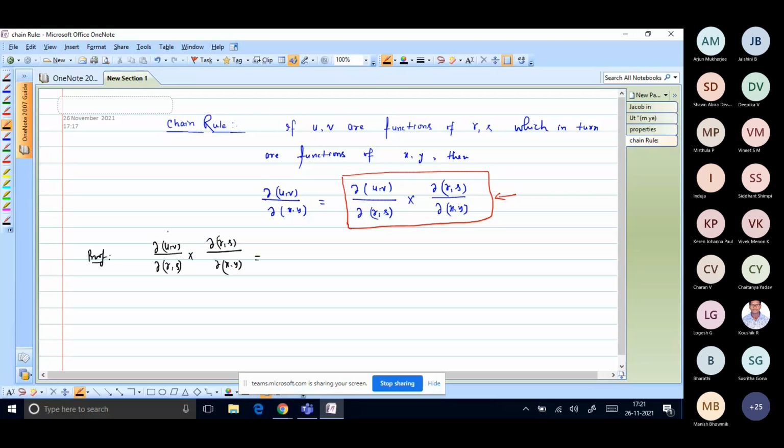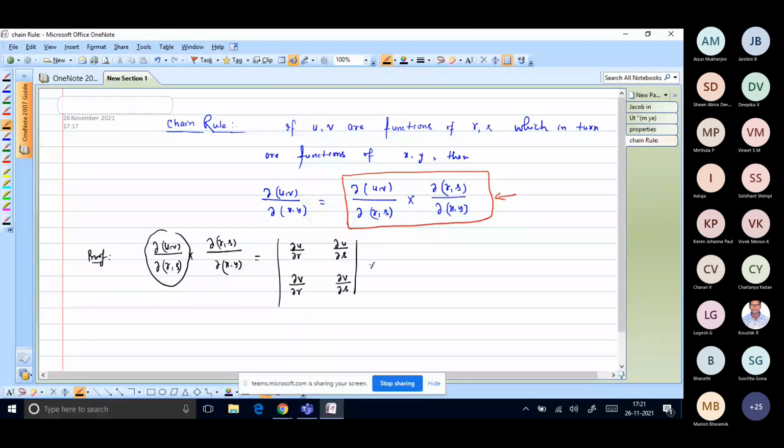So what is first? The first one is the determinant of del u by del r, del u by del s. Next, del v by del r, del v by del s.